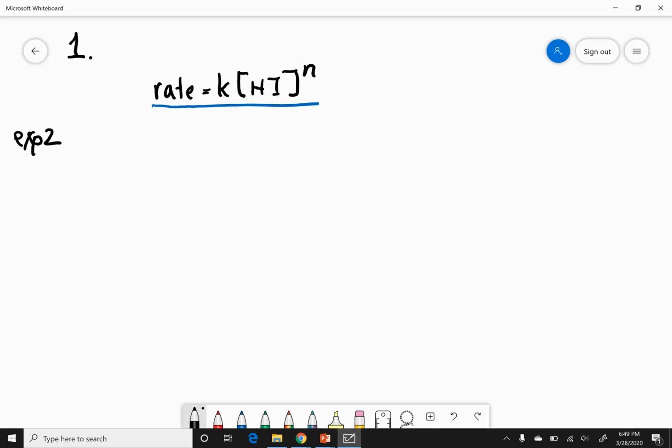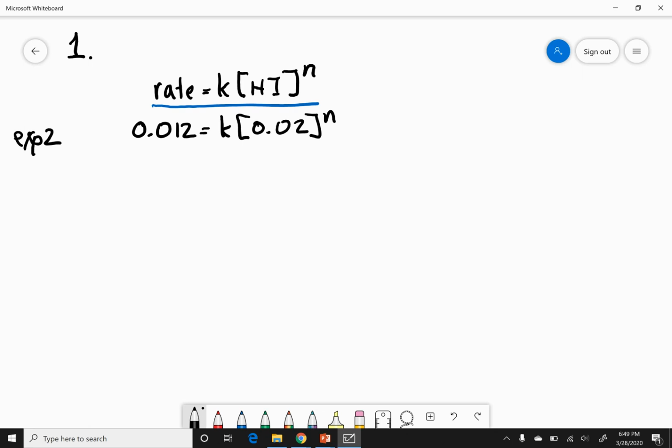So let's look at the data that was given in experiment 2. The rate that I found was 0.12. It has a rate constant of k that I'm trying to determine. And then I have the concentration, and this turns out to be 0.02 in this experiment. And I'm going to raise that to the nth power.